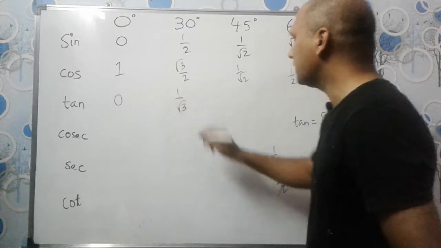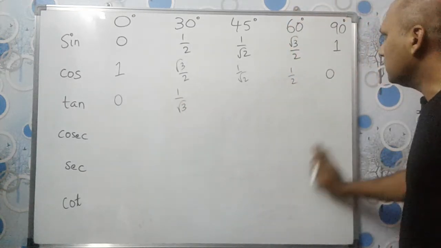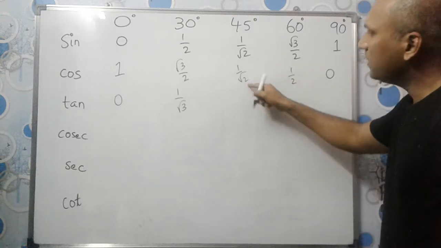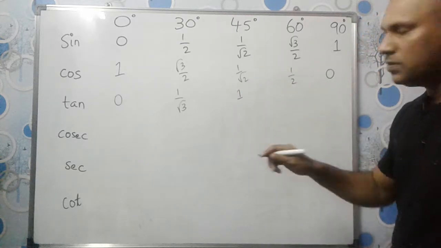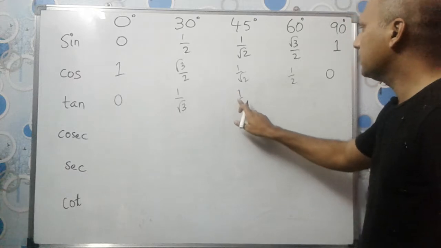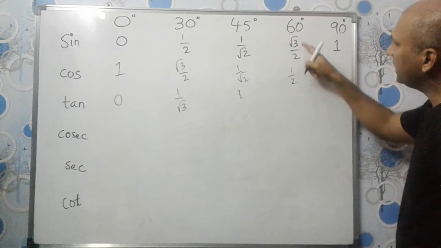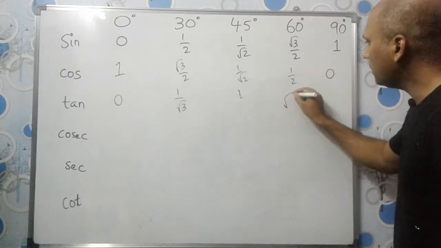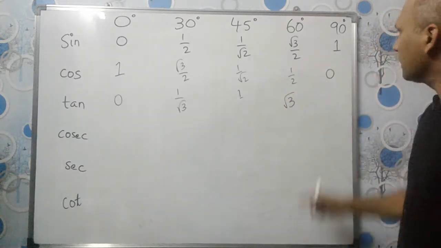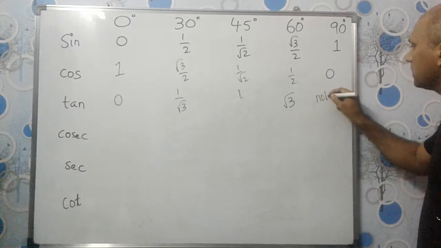So this is 1 by root 3. Okay. So in the same way, 1 by root 2 divided by 1 by root 2 is equal to 1. Okay. So root 3 by 2 divided by 1 by 2, 2 and 2 will get cancelled, root 3 by 1, or we can simply write root 3. 1 by 0 is not defined.